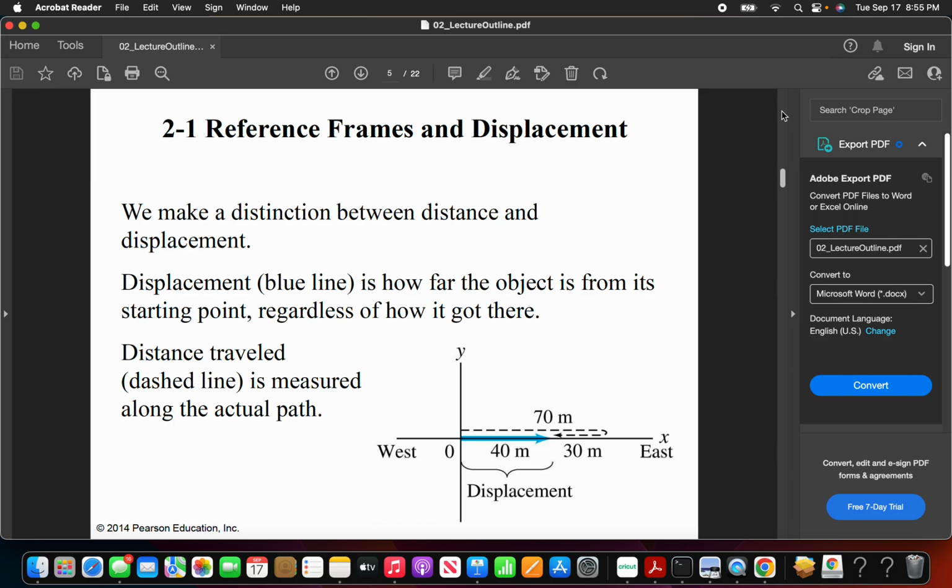So the starting position here was 0, and the ending position was 40, even though we went 70 meters and then we came back 30. So that's the difference between distance and displacement.